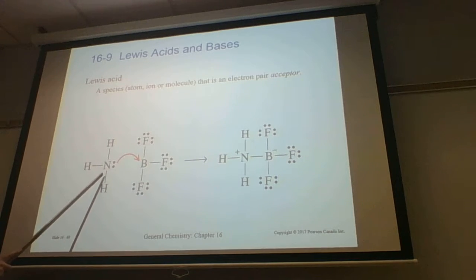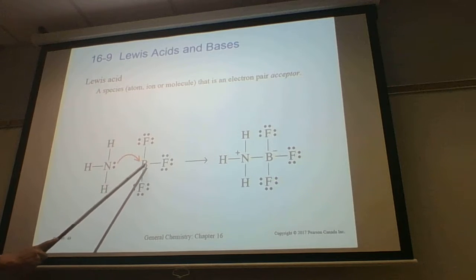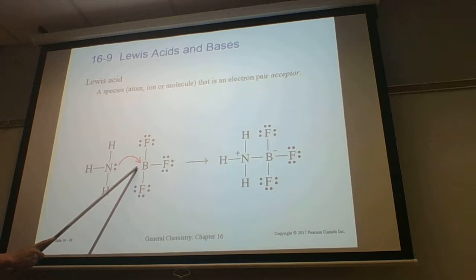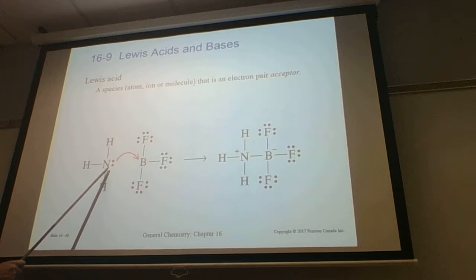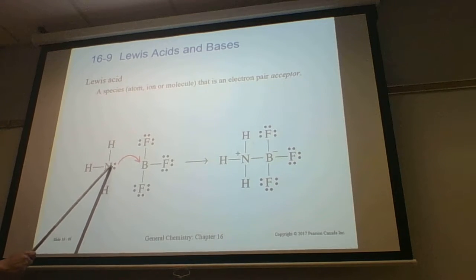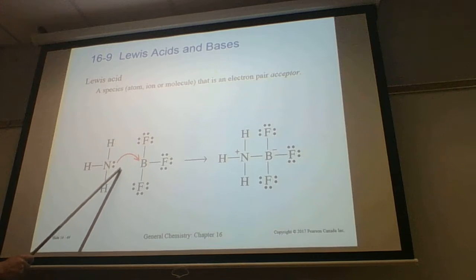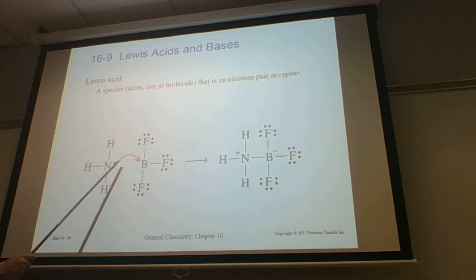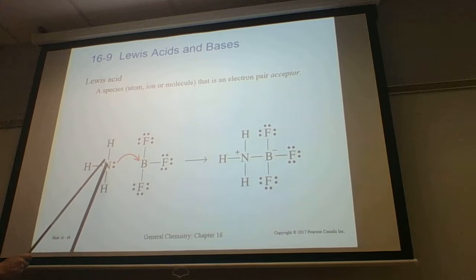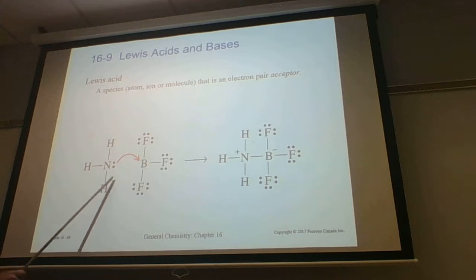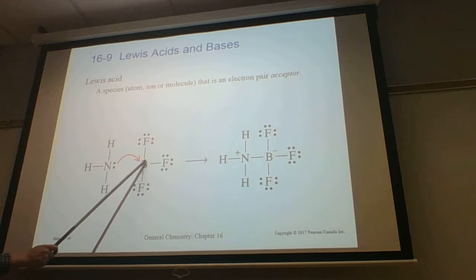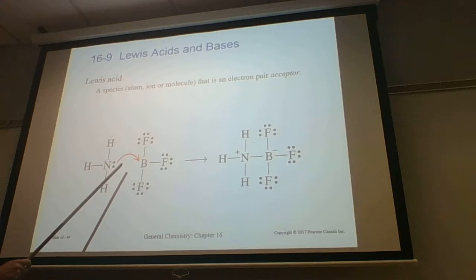In other words, if we have a small orbital and a small orbital, that's good. However, if we have a small orbital with a big orbital, it's not so good because the linear combination of atomic orbitals to form molecular orbitals isn't as energetically favorable. However, if we have a big orbital and a big orbital, that turns out to be good.